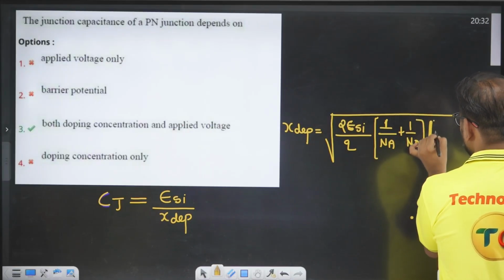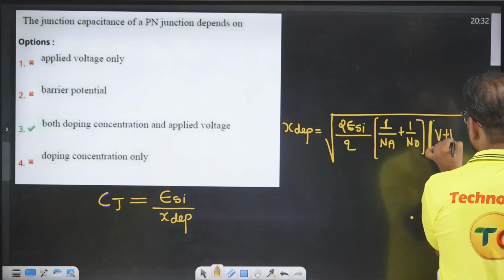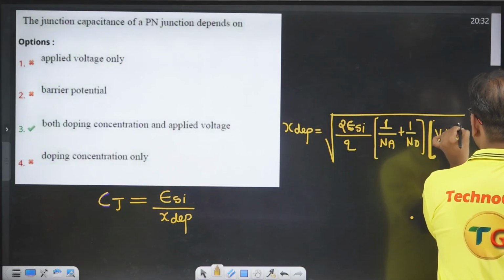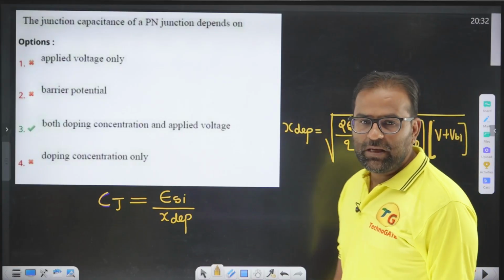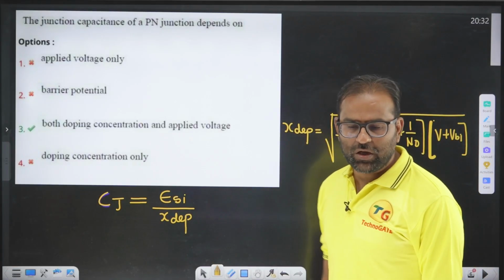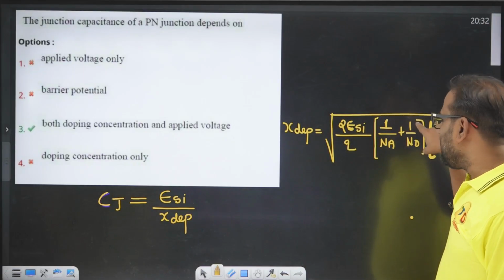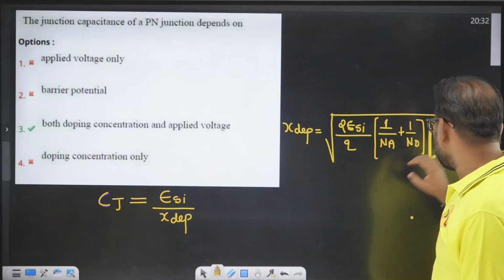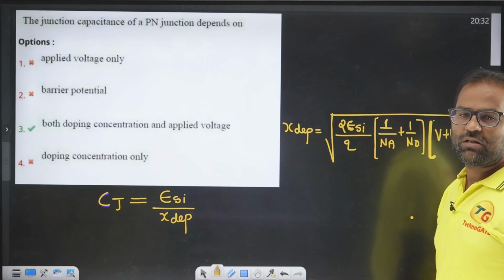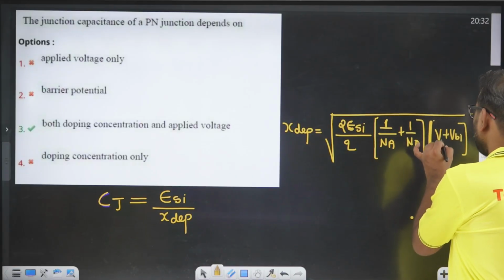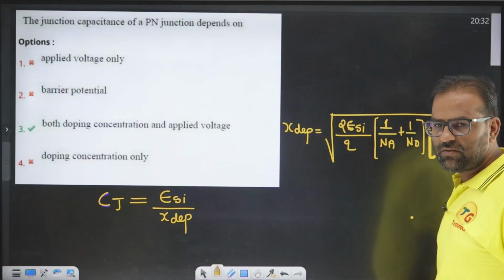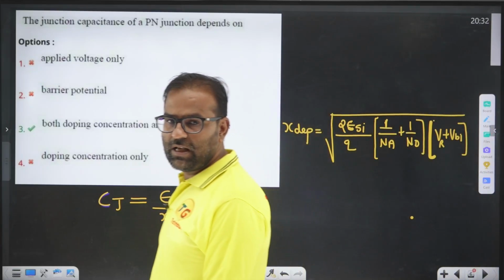multiplied by V plus VBI. Always remember, VBI is known as built-in potential, which is constant for a given material and only a function of temperature. NA and ND are the doping concentrations, and V is the applied voltage, and generally this voltage is reverse bias voltage. The capacitance will be effective only if its value is small.